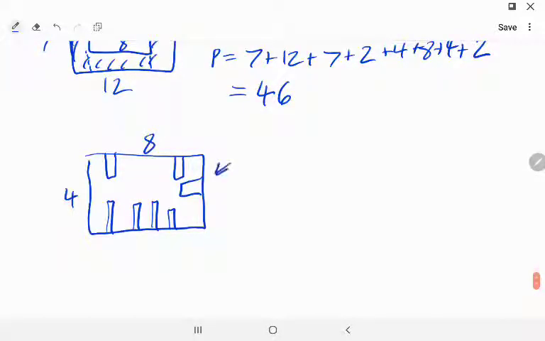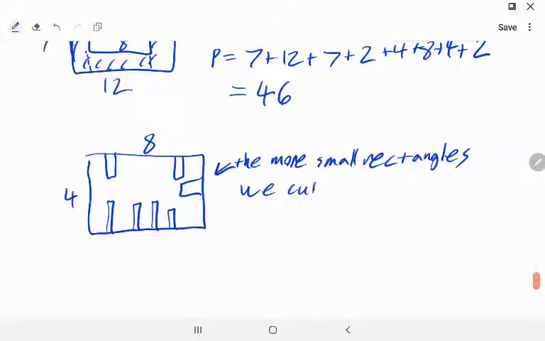we notice that the more small rectangles we cut out, the larger the perimeter gets.